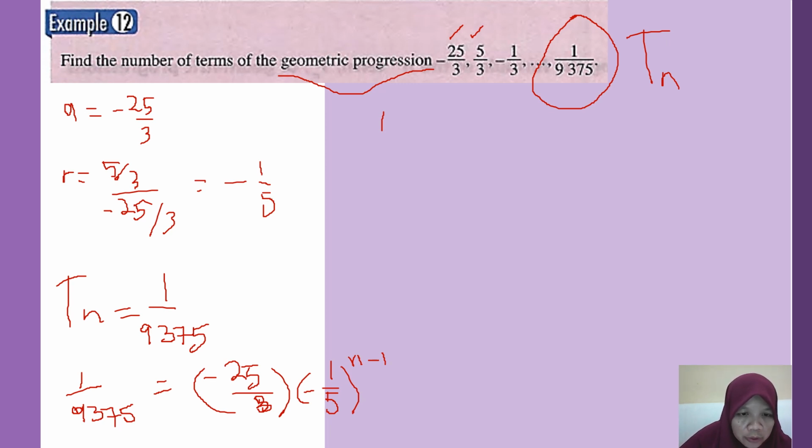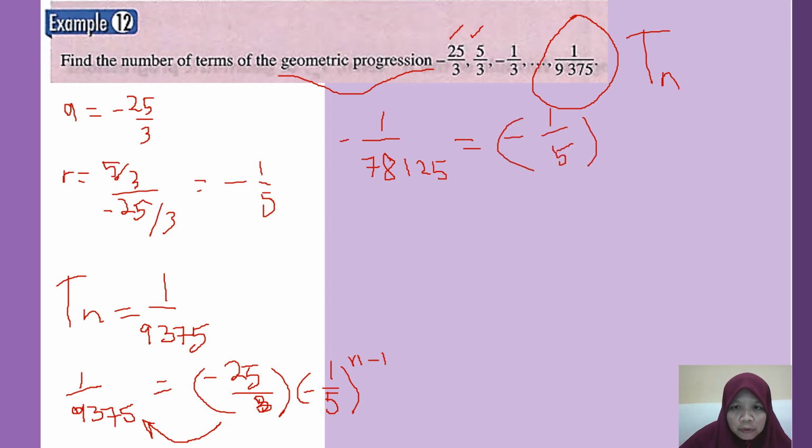You shift this value, negative 25 over 3, to this side, so you will get negative 1 over 78,125 equal to negative 1 over 5 to the power of n minus 1.